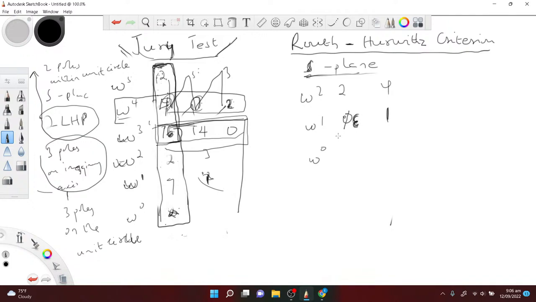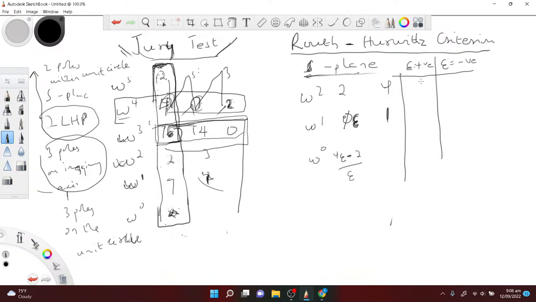Then continue to solve. So do this times this, which will be 4 epsilon minus 2 all over epsilon. So this is what you get. Now, when you're done, you do it when epsilon is positive and when epsilon is negative.